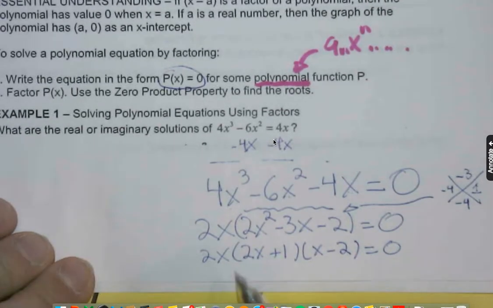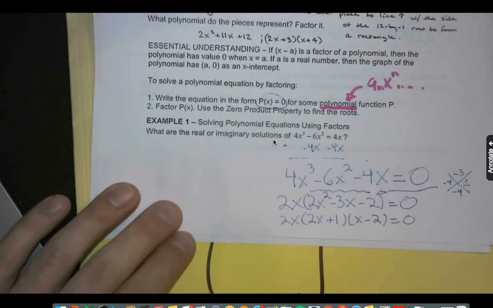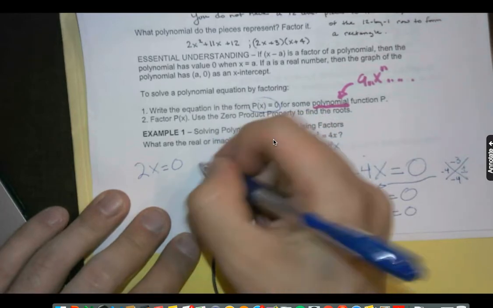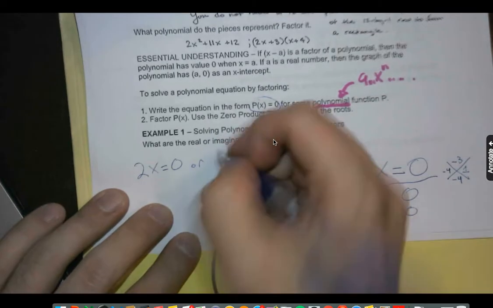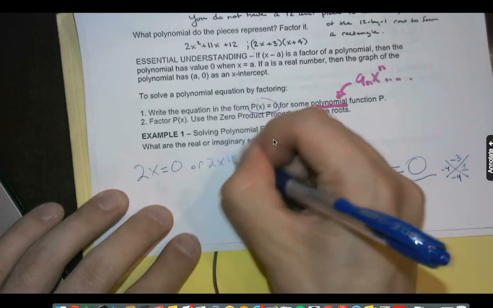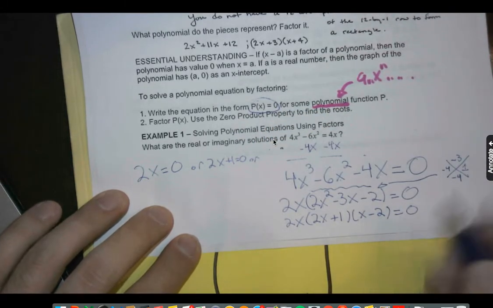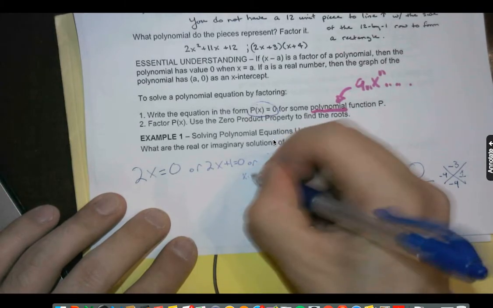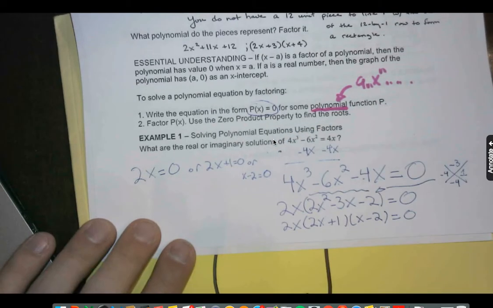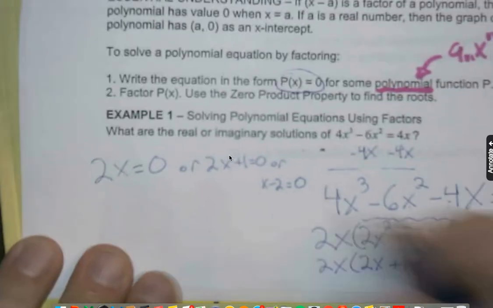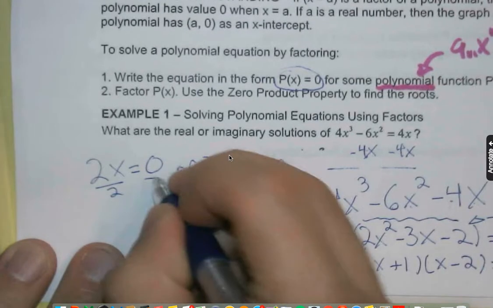So now that this is completely factored, we can solve these and say, well, we know that 2x could be equal to 0. Or the second factor, 2x plus 1 could be equal to 0. Or x minus 2 could be equal to 0. Eventually, if you solve these using algebra skills, isolate x, you can divide 2 on both sides here and here.